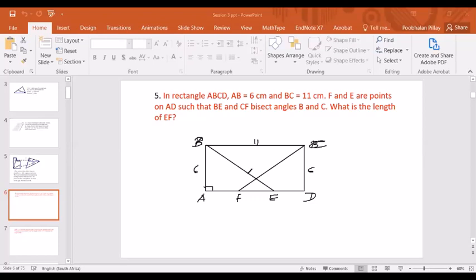I know that because BE bisects B, we know that it's 45 degrees both sides. And beforehand knowledge, I know that tan of 45 equals 1 because it's a special angle. So using that, we can say tan of 45 is equal to opposite over adjacent, which is AE over 6.